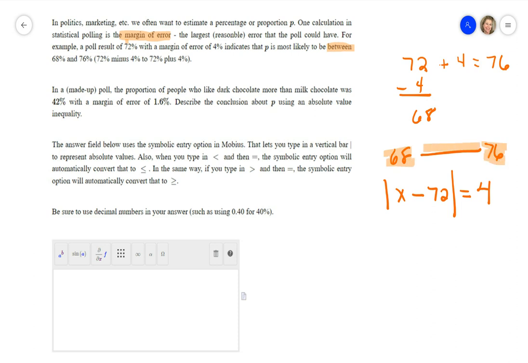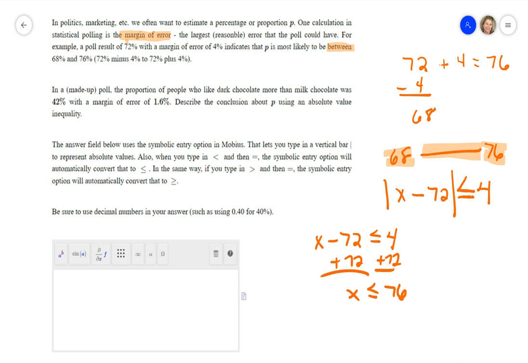We want everything in between as well, so in that instance, you're going to have to use a less than or equal to sign. Now what happens is when you solve this, x minus 72 is less than or equal to 4. Then you'd add 72 to both sides, and you'd get x is less than or equal to 76.